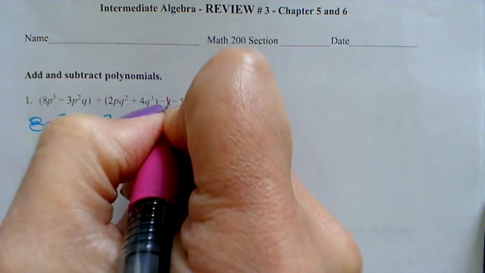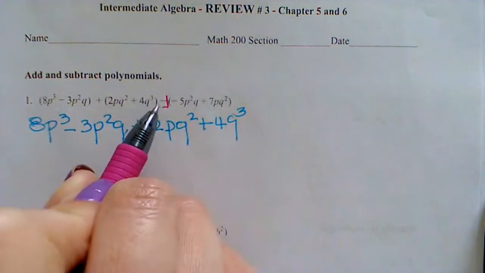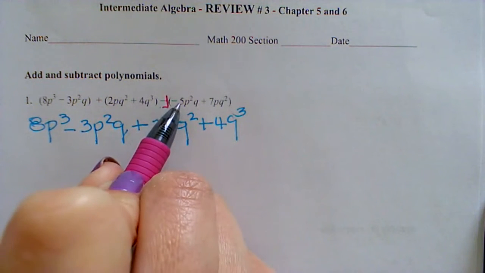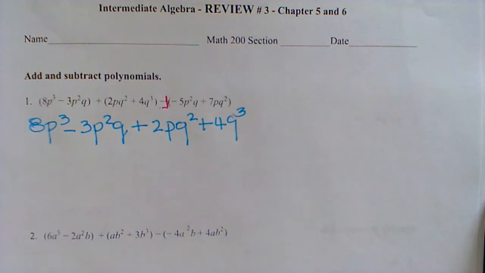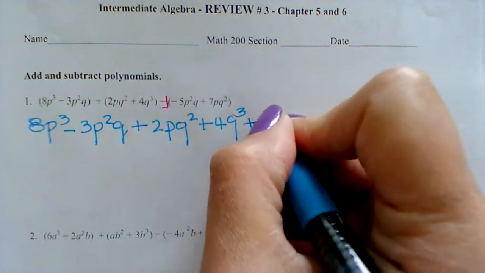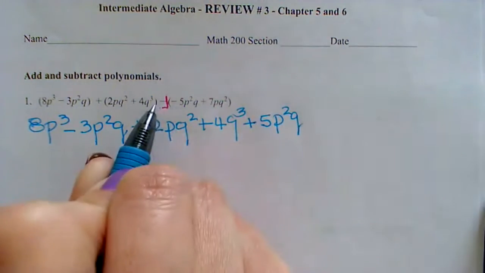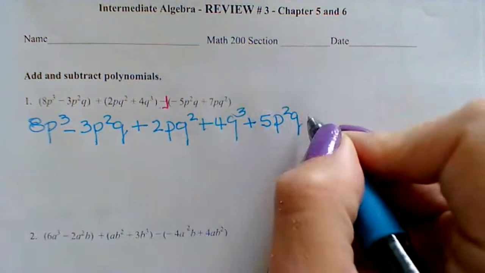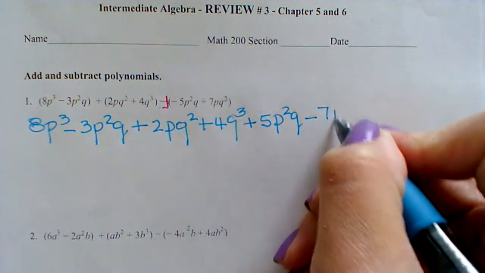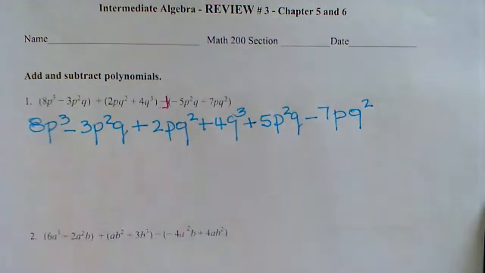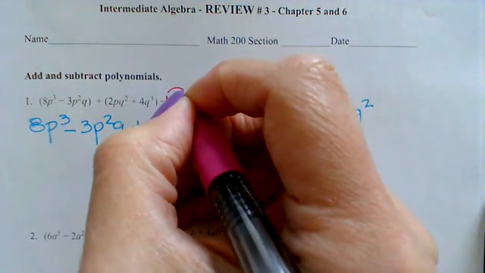Just pretend that we have a 1 here, and this 1 happens to be negative. So negative 1 times negative 5, that's positive 5p squared q. Negative 1 times positive 7, negative 7pq squared. All right, so this is what we're doing.